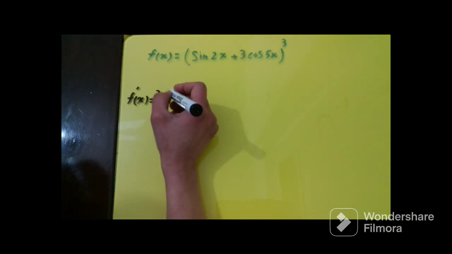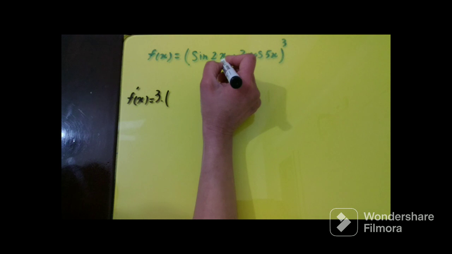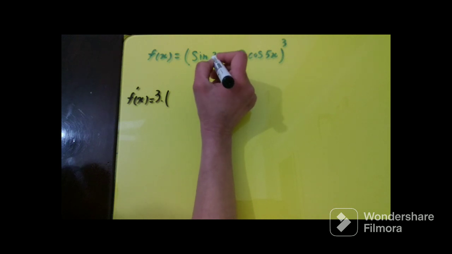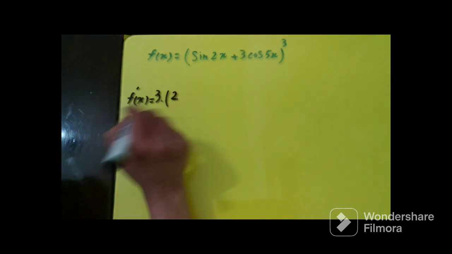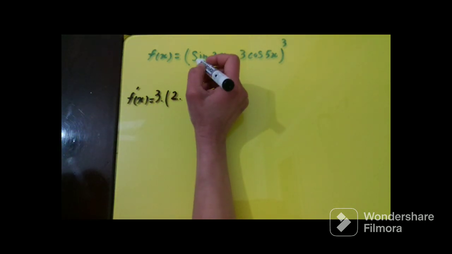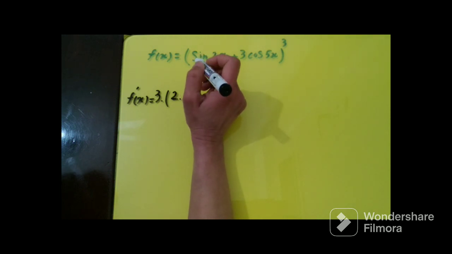For this term, first you should get the derivative of this term. It's 2, the coefficient, times. Now you should get the derivative of sine. The derivative of sine is cosine.